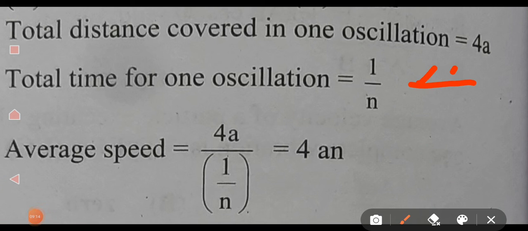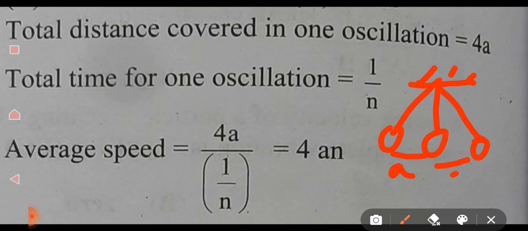When the particle is performing the SHM, this is the A, this is the A, again A and again A. So the total distance covered is 4A. The total time taken is equal to 1 upon n.